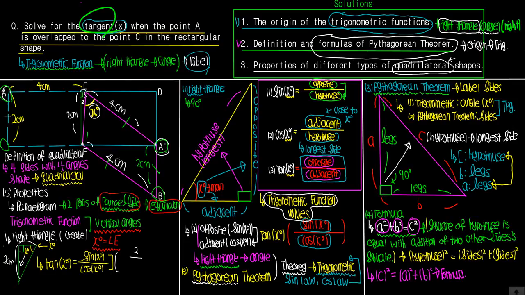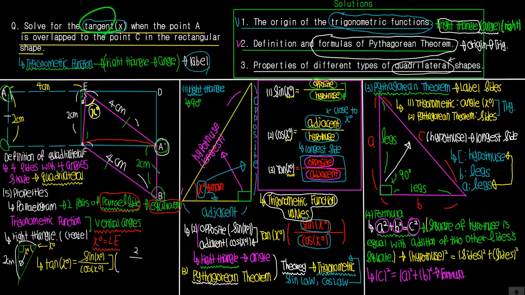In order to solve for it, we need to label every single side that we possibly can. We know that this is a right triangle, which will be useful when solving this question. If this is 4 centimeters and this is 2 centimeters, we can find this other side through the Pythagorean theorem.